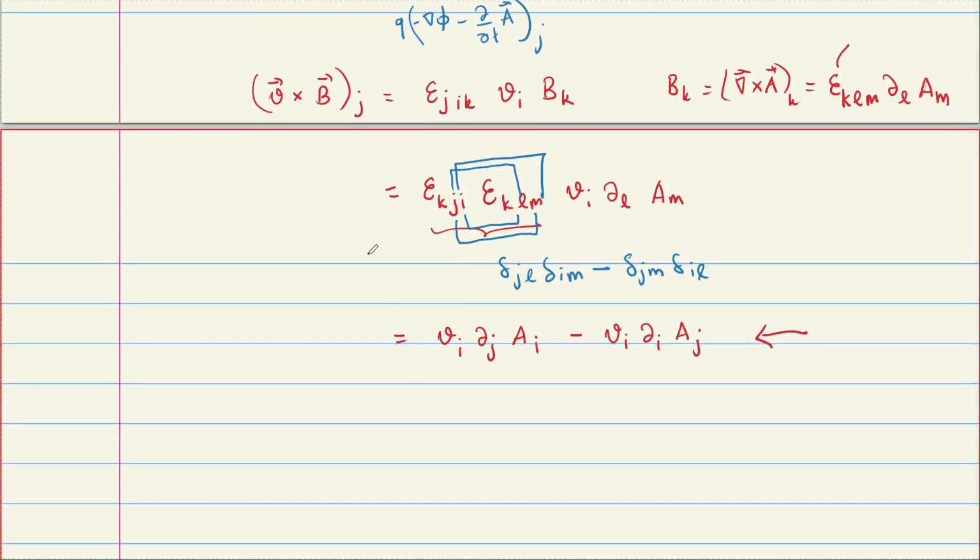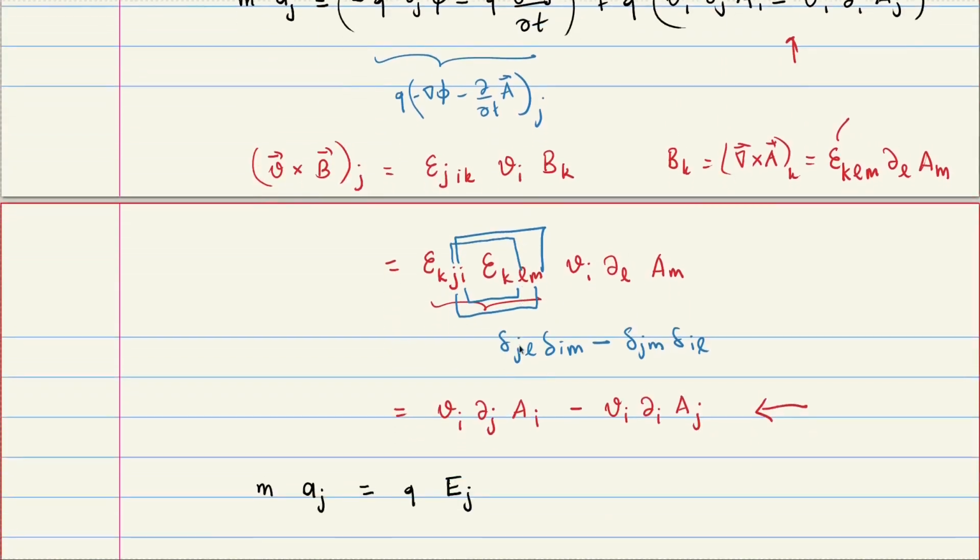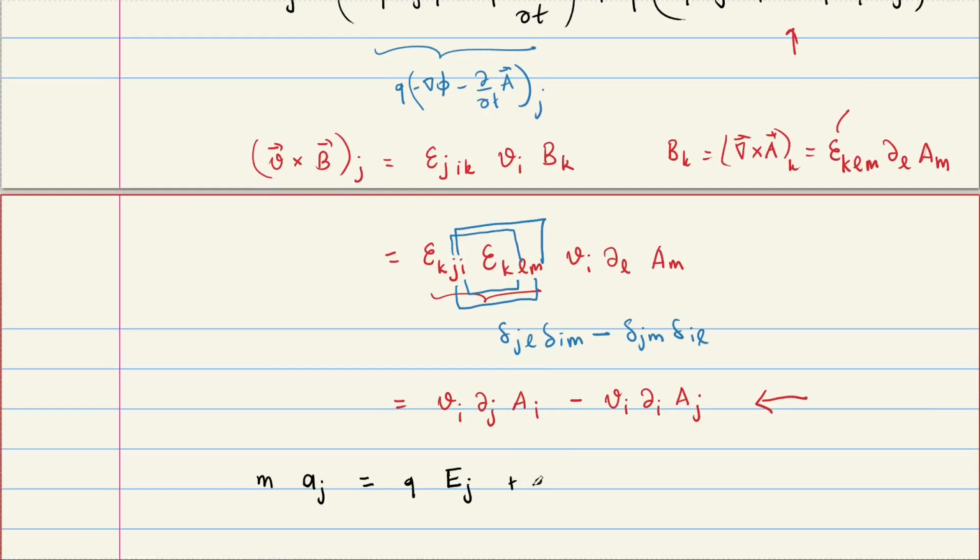So let's write this. Then M times A, J is equal to Q times E, J, right? This is the Jth component of the electric field. And I have plus Q V cross B, Jth component.